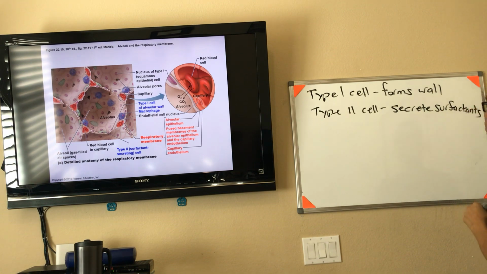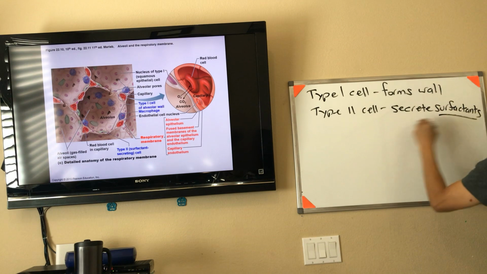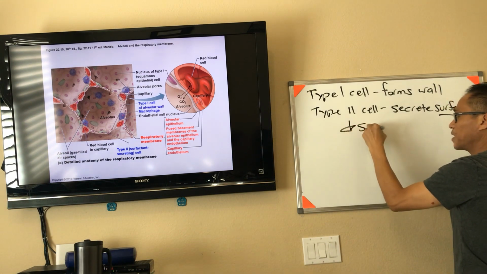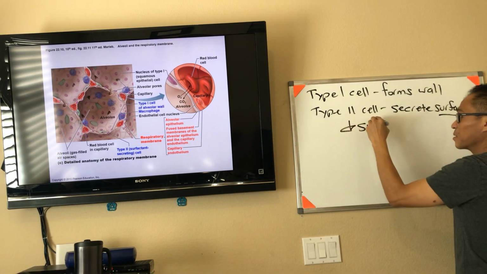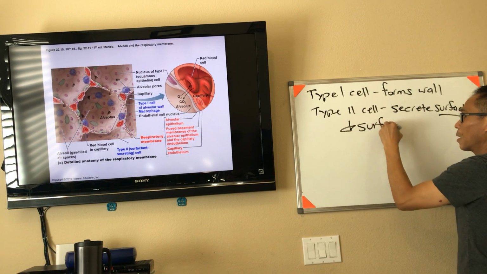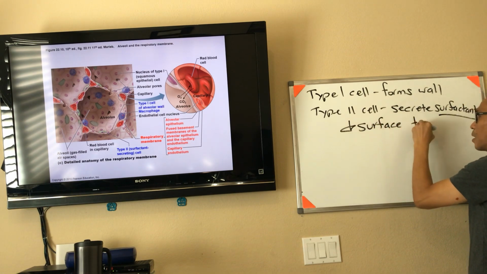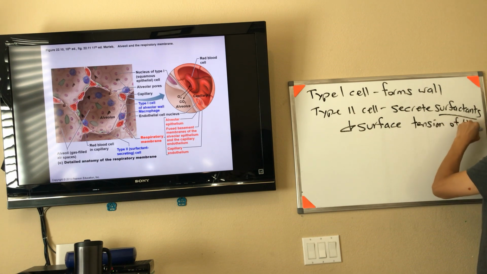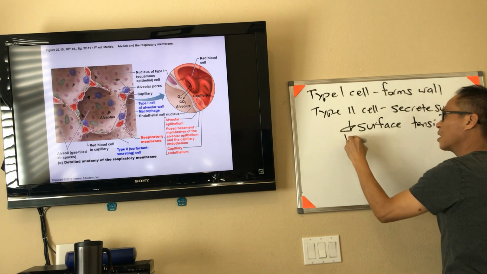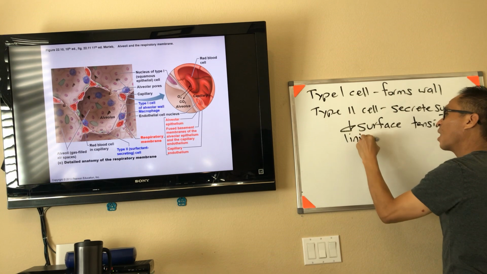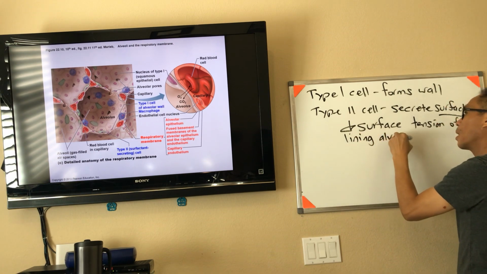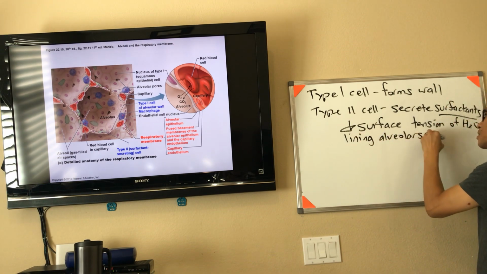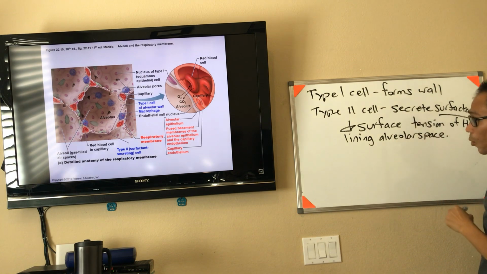They secrete surfactants, and surfactants help decrease the surface tension of water, H2O, lining alveolar spaces inside the alveolar space. This makes it easier to breathe, especially when you're born into the world.